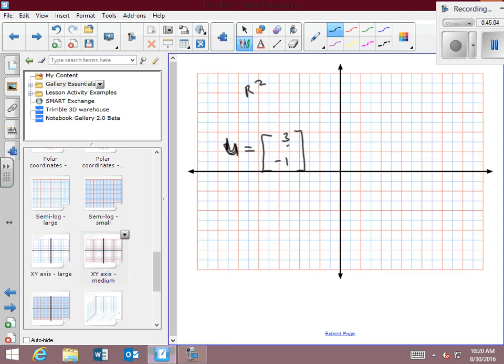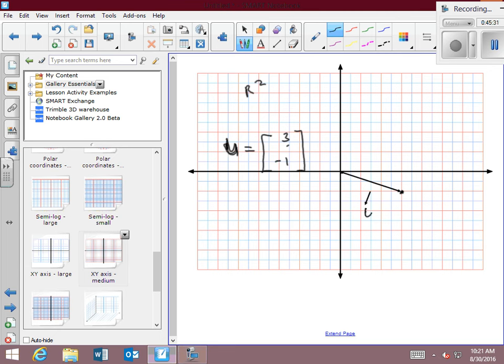So it's actually that point, and then that ray. So this is the vector.